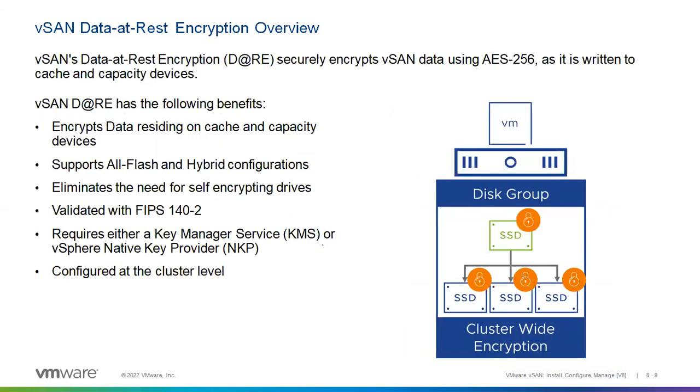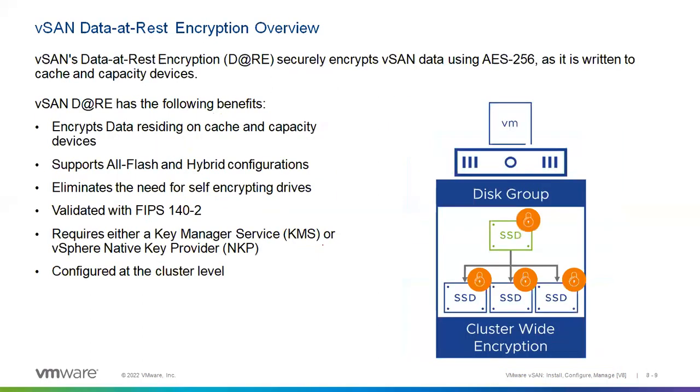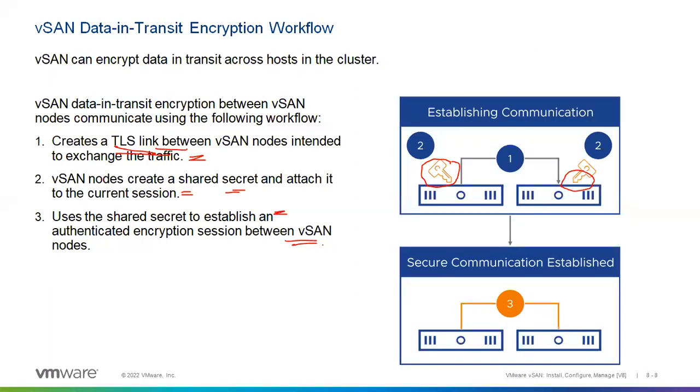So simply, the data traveling between two nodes, especially storage data, is encrypted. Do we need any kind of third-party solution for that? The answer is no. You can natively enable data in transit encryption. That's an inbuilt feature within vSAN.